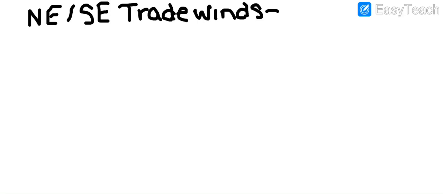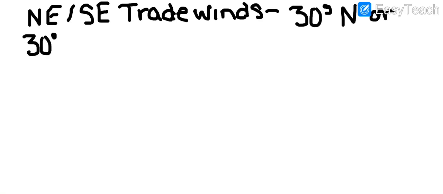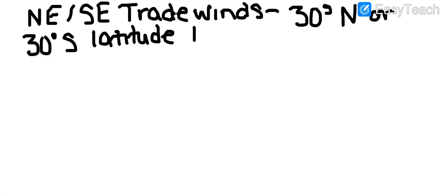So basically, from 30 degrees latitude, so 30 degrees north, or 30 degrees south latitude, to 5 degrees, because that's where the doldrums start.